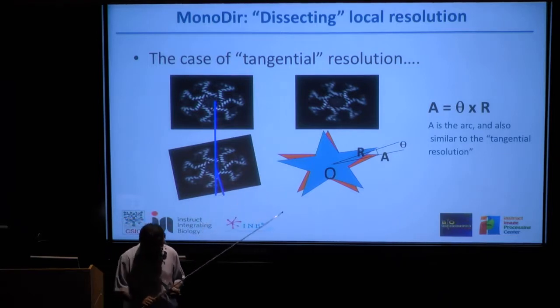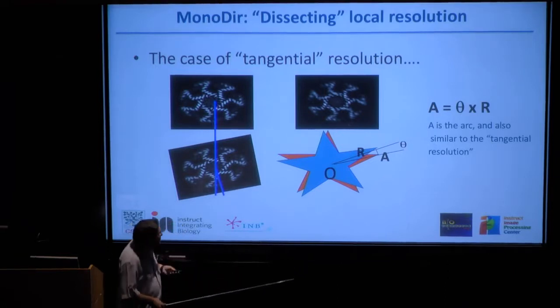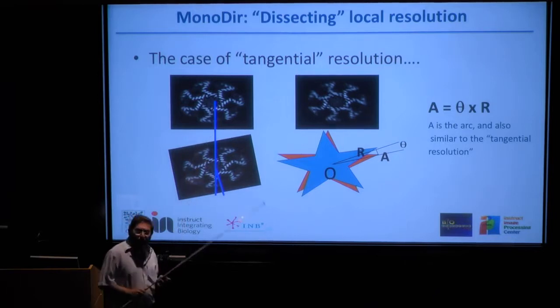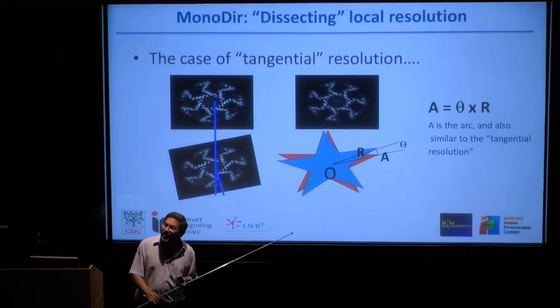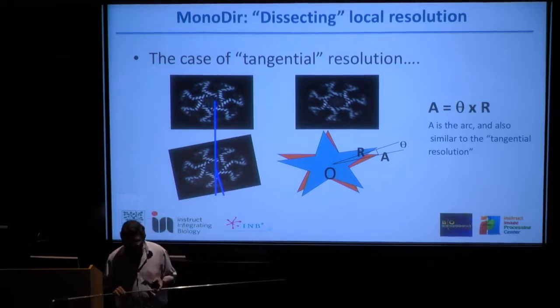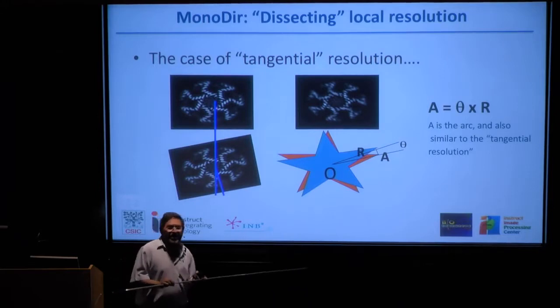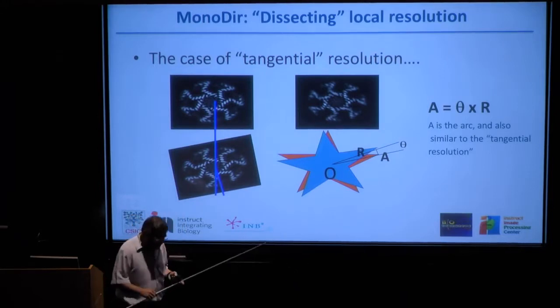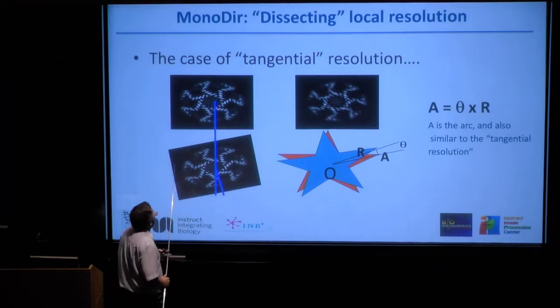But let me talk about one of the multiple applications, which is the tangential resolution. And I say one of the many multiple applications because I think that this idea of directional local resolution could be used in many problems, and could be a way to solve a number of them.